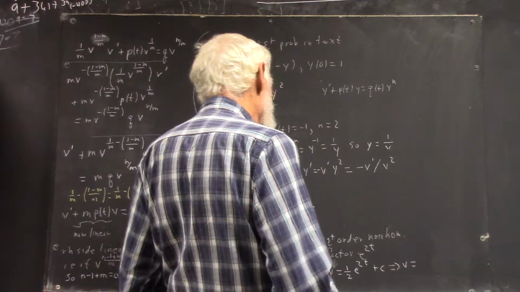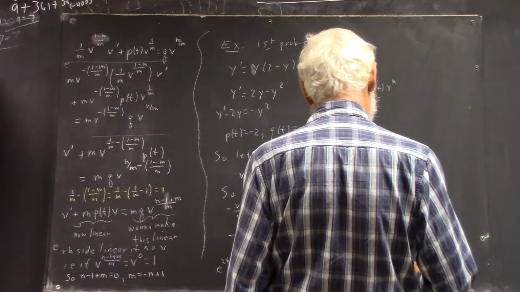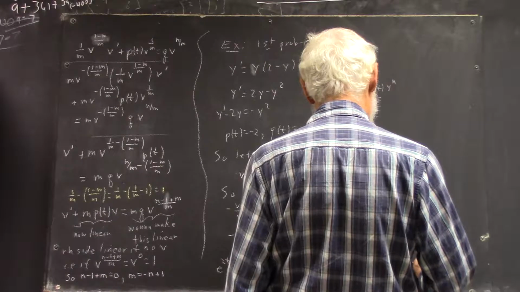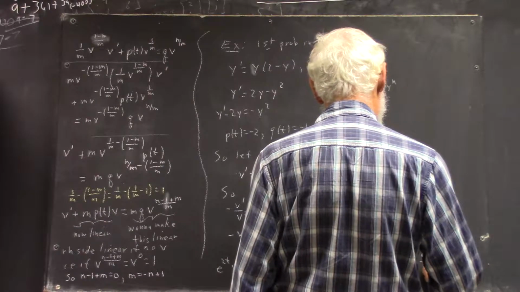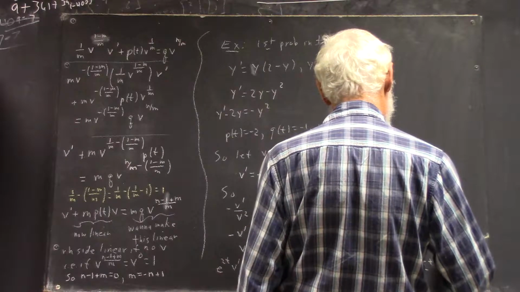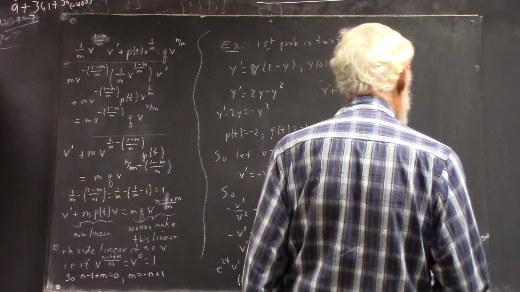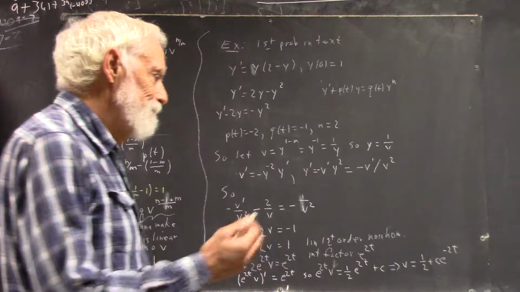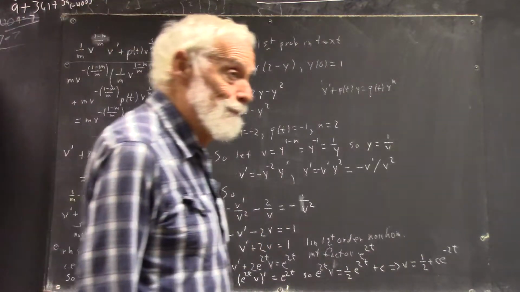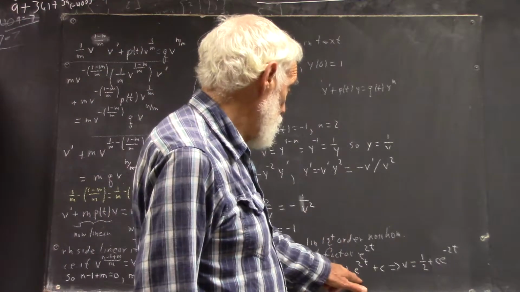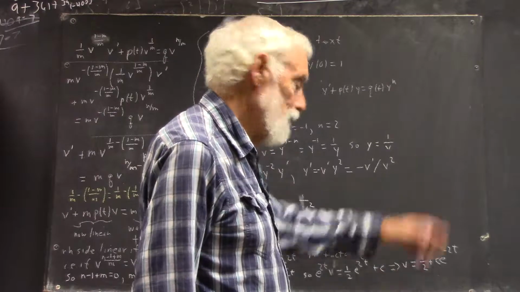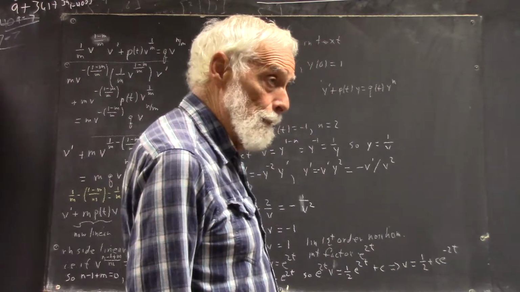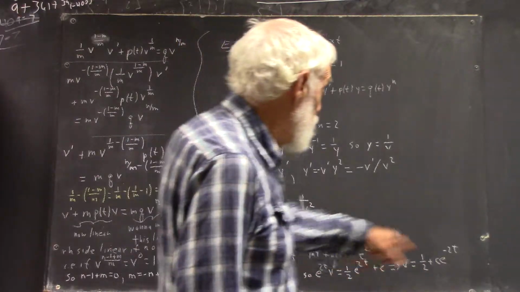So v equals, see, it's kind of too close to the E, blame it on the chalk, right? But you divide by the e to the 2t, you get the 1/2, and you get C e to the negative 2t.